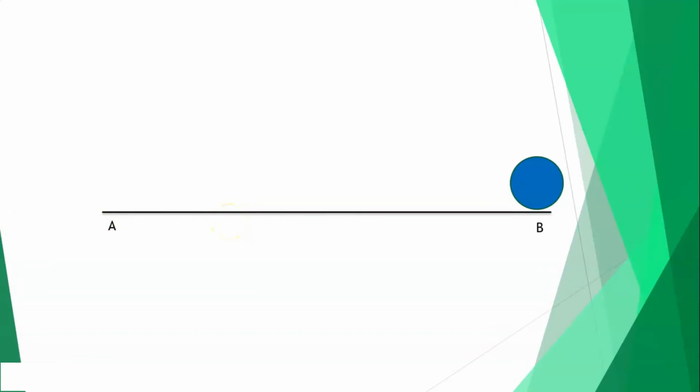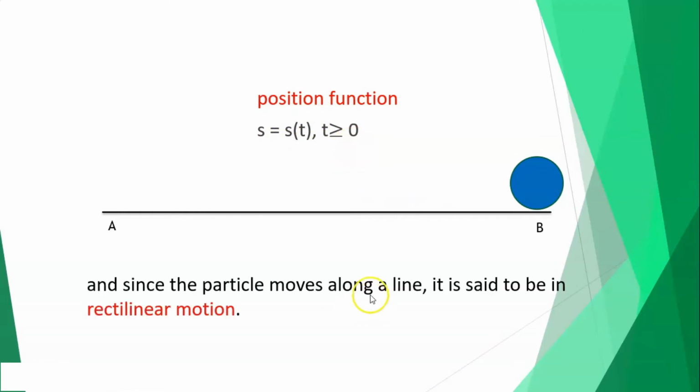The motion of the particle is described by the position function s is equal to s of t, where t is greater than or equal to 0. And since the particle moves along a line, it is said to be in rectilinear motion.